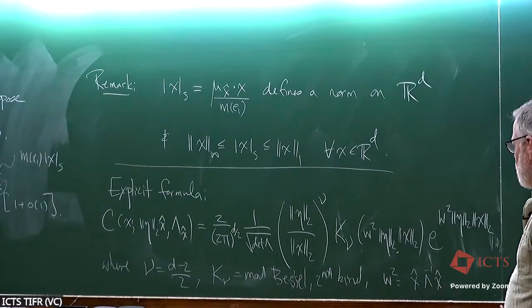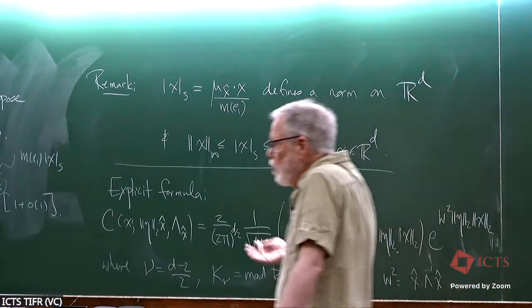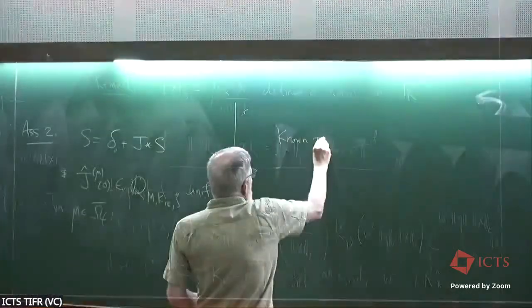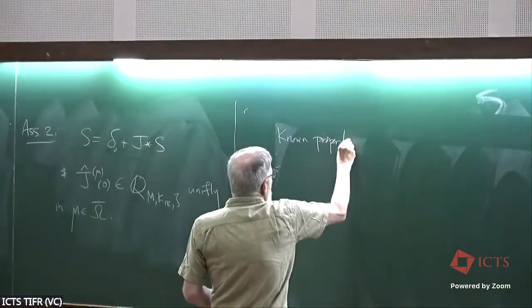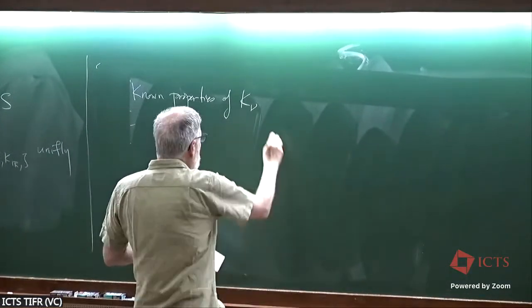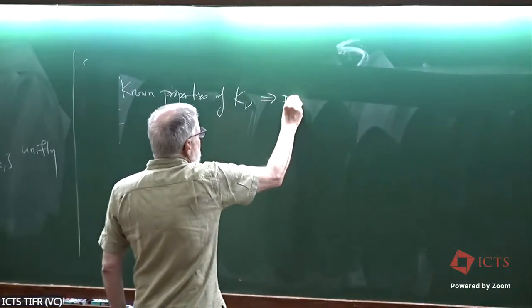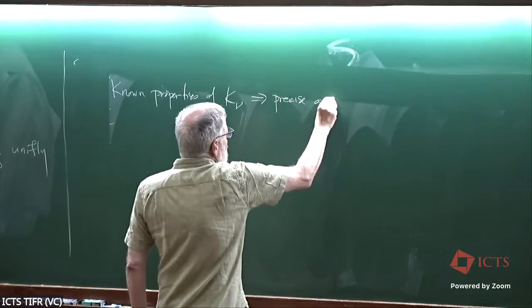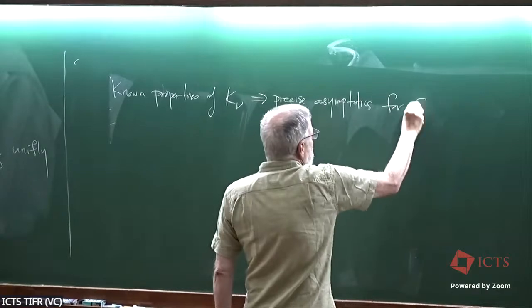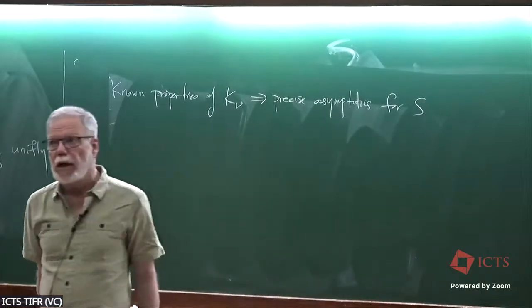So, you know, you've got a bit of looking into the Bessel function in order to figure out what's going on there, but known properties of K_ν, you just look them up, imply precise asymptotics for S depending on what regime you're looking at.